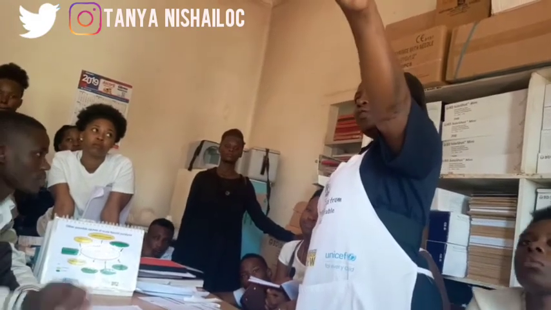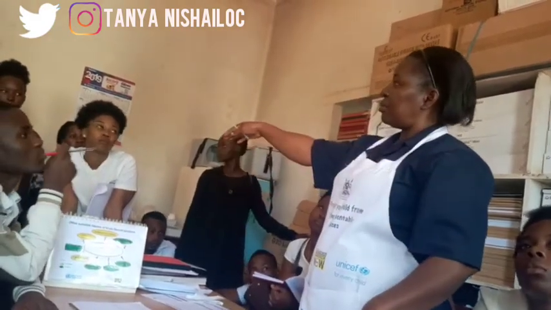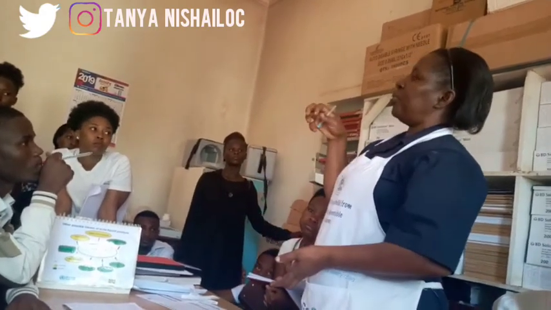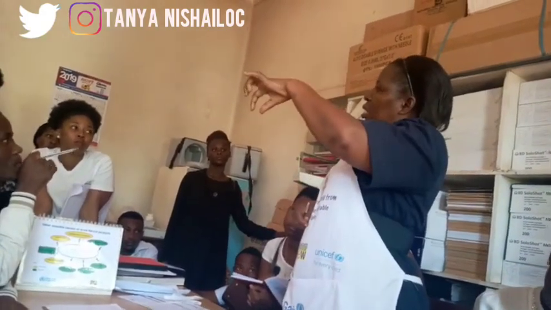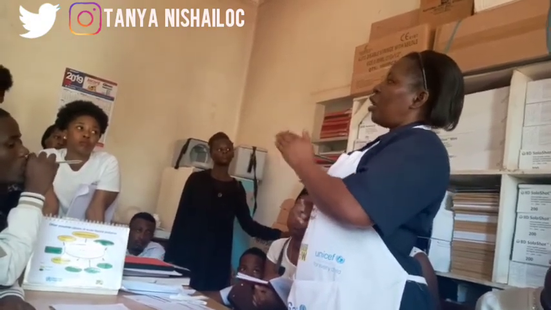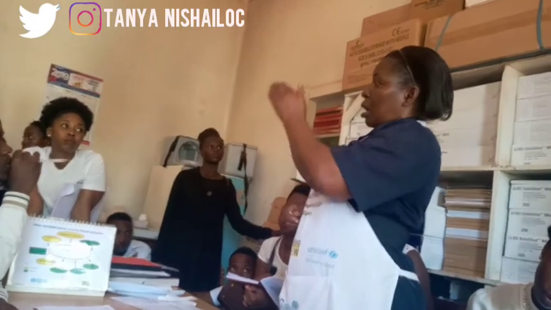So those were the VVMs indicated on some vaccines, and it is either on top, on the lid of the vaccine, or the sides. Those which are on top are for BCG and measles.